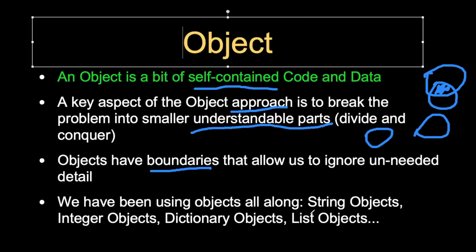Now, we've been using objects all along, just like what I described: dictionaries, integers, strings, floats, Booleans, things like that. These are all objects. So with that in mind, just remember the key aspect of objects: you can break a complex problem into many different objects at runtime, and each object, theoretically, should not overlap with each other, because then you would be creating what we call dependencies in code, which is not good.